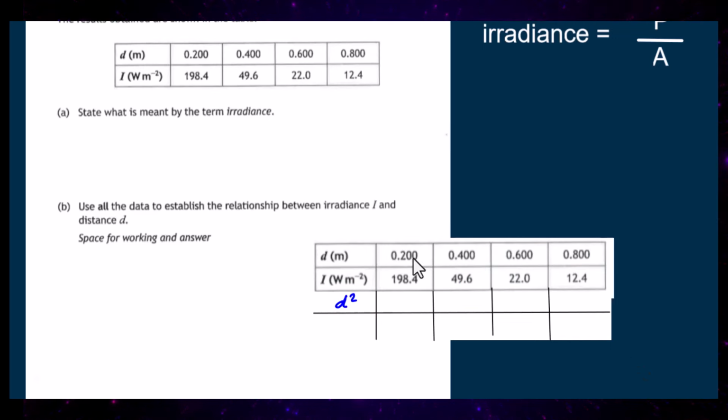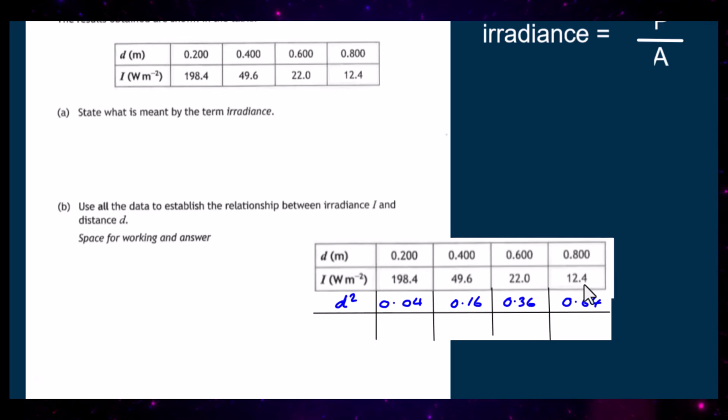So we take the distance and square it. You can see that 0.200 squared is 0.04, 0.400 squared is 0.16, 0.600 squared is 0.36, and 0.800 squared is 0.64. That gives you the values of the distances squared.